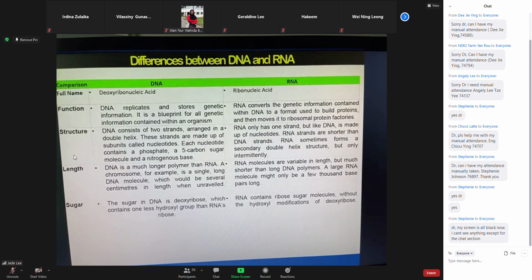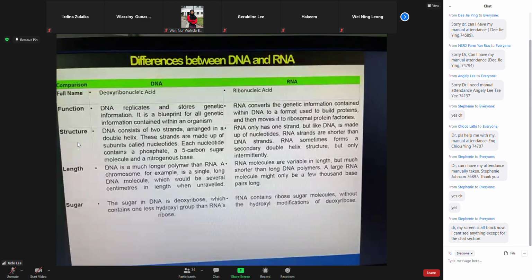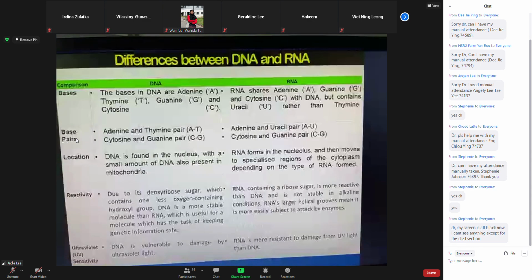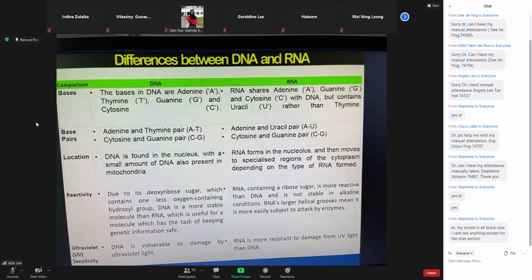So these are the differences between DNA and RNA. I added this, it wasn't there before. You can see the full name, the function, the structure, the length, the sugar, and also the bases, the base pair, the location, the reactivity, and also ultraviolet sensitivity. These are the differences between RNA and DNA.